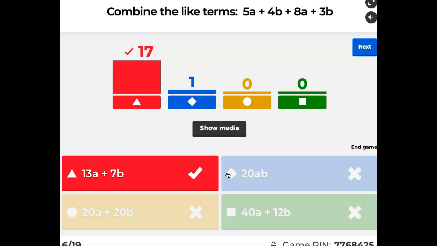So we can only combine the same terms. Alright, so a and b. How many a's are there? There are 13 a's. And how many b's are there? There are 7 b's. We cannot combine a and b because they are not the same. You could only make this 20ab if it were 5ab, 4ab, 8ab, 3ab, but that's not the case in this one. We group only the a's and we group only the b's.